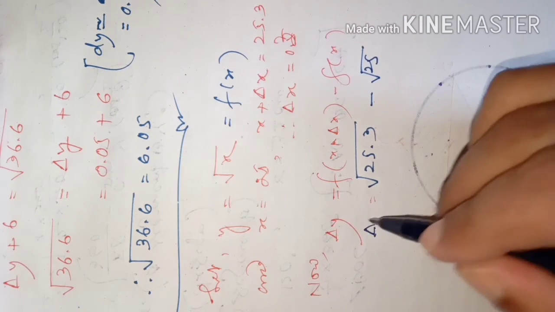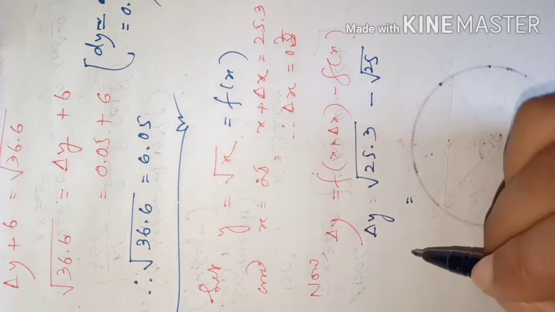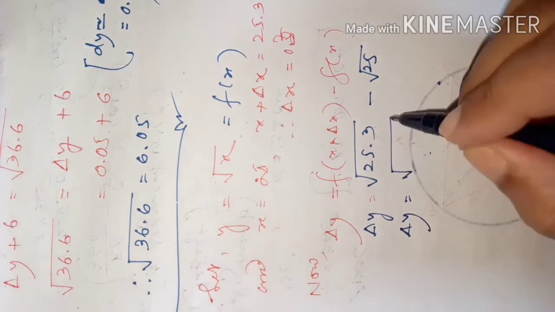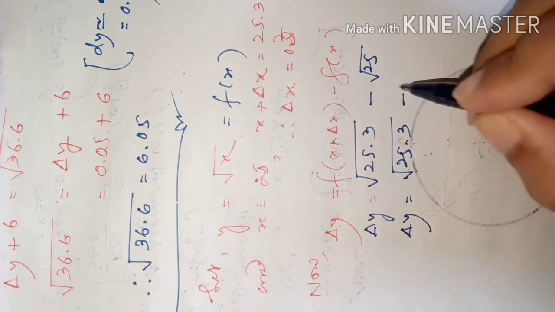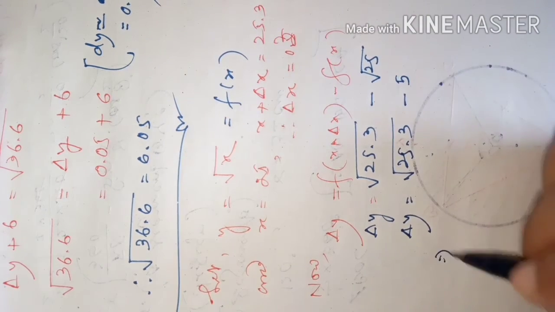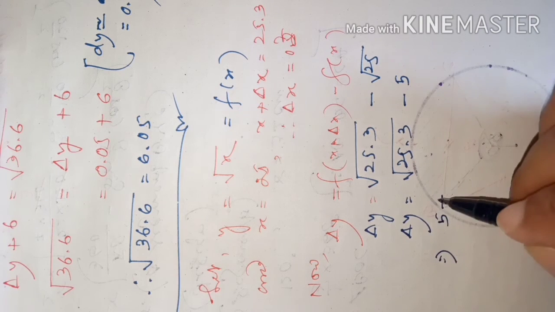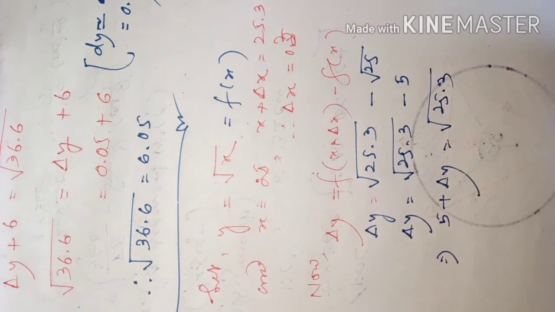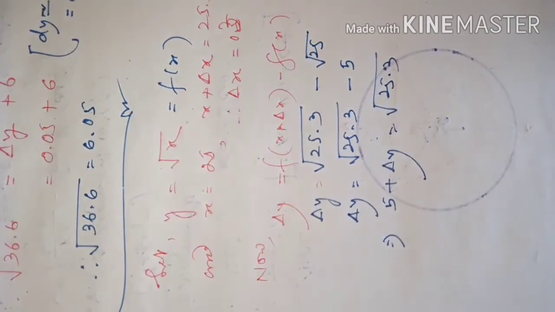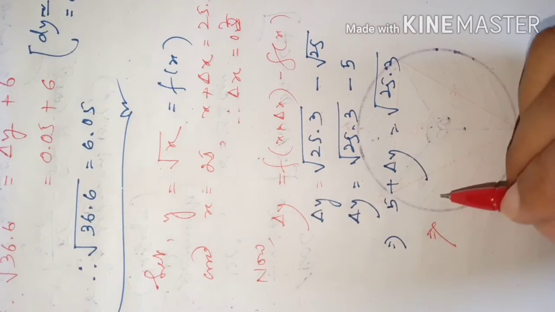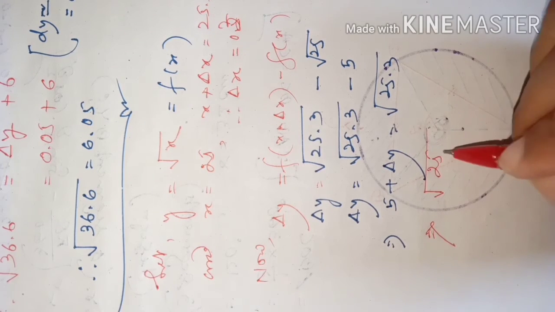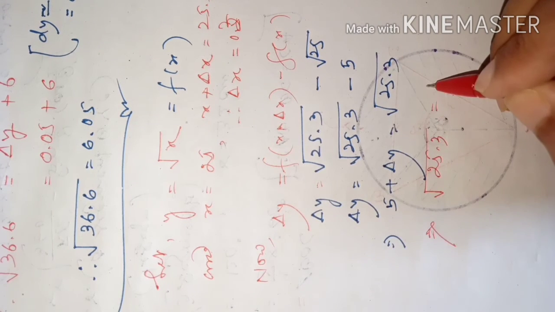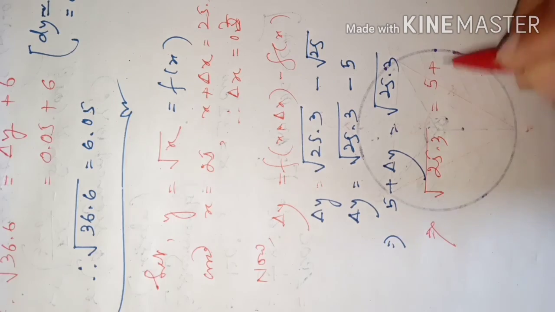So delta y is equal to under root 25.3 minus 5. From this we get that 5 plus delta y is equal to under root 25.3.